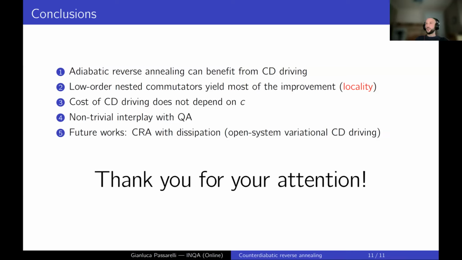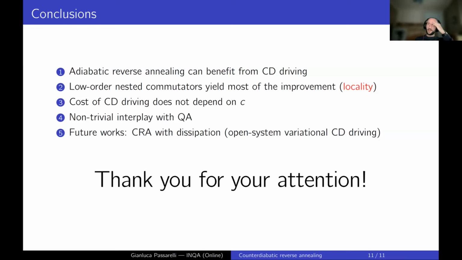This is a very welcome result, because it means that you can keep the locality of your approximate counterdiabatic operator low, and so possibly you can think of including it into your quantum protocols on quantum devices. Also, I've shown some features of this counterdiabatic driving, in particular the scaling of the cost of counterdiabatic driving that does not depend on C, and I've shown that there is a non-trivial interplay with quantum annealing.